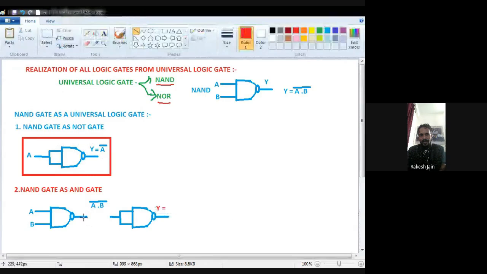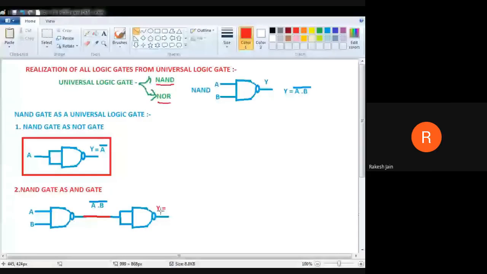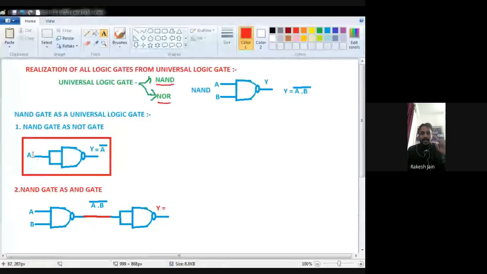Now see, if I connect this output of a NAND gate with the second NAND gate whose inputs are connected with each other, it means the output is opposite of the input. What is the meaning of opposite? If the input is A, as seen above, the output is A bar.